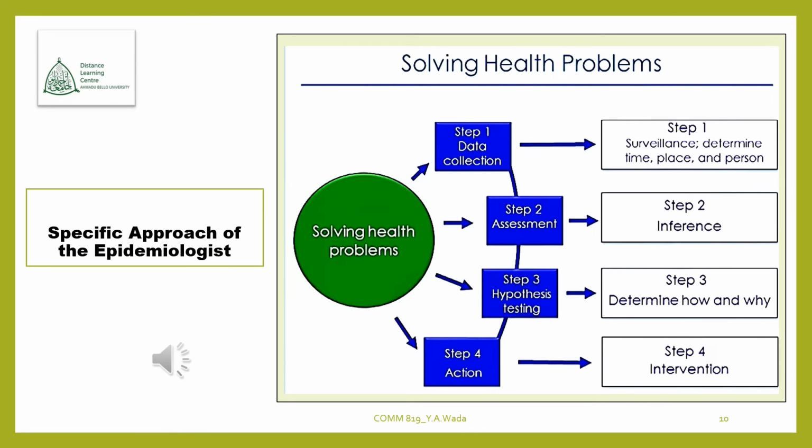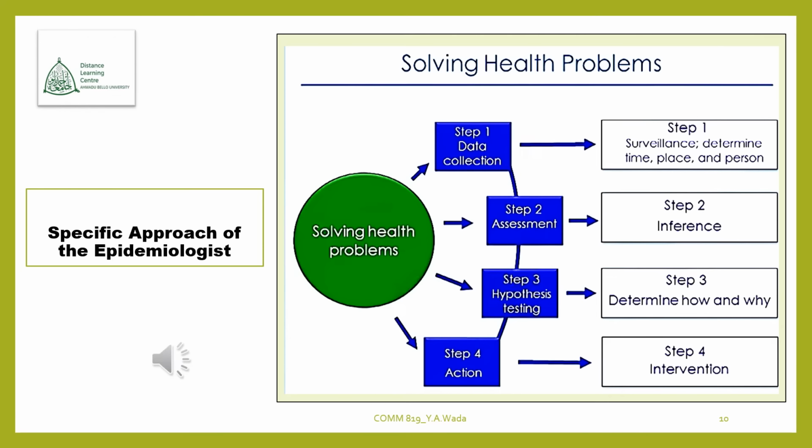Then the how and why of the condition is determined by conducting tests or studies to test the hypothesis you have developed. This determination of how and why is known as analytic epidemiology. Again, we'll cover a little bit more about this later in the course. Note the distinction between descriptive and analytic epidemiologies.